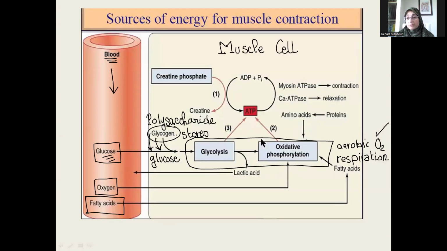This process that occurs in the cell is called aerobic cellular respiration, and it consists of two processes.